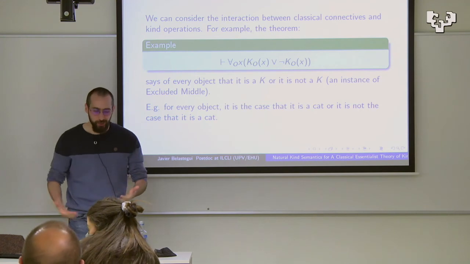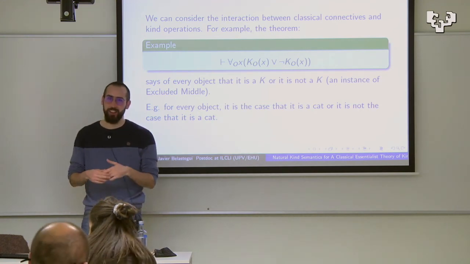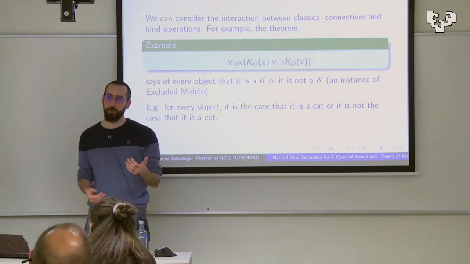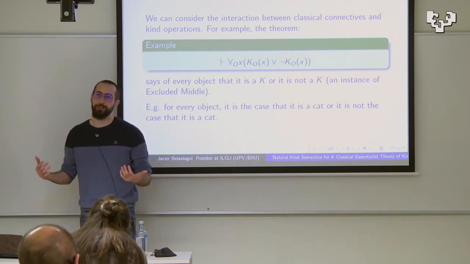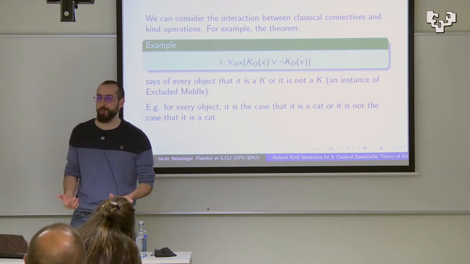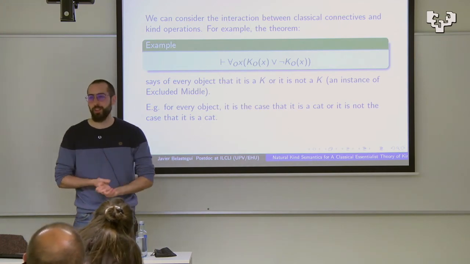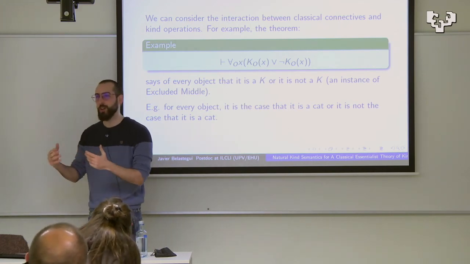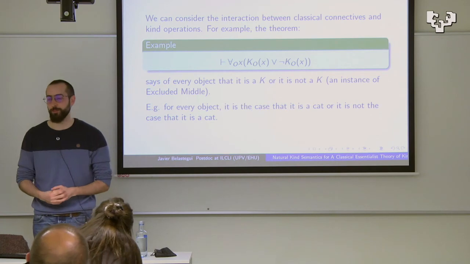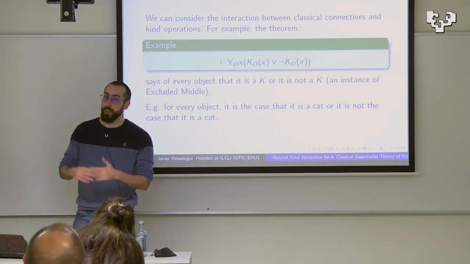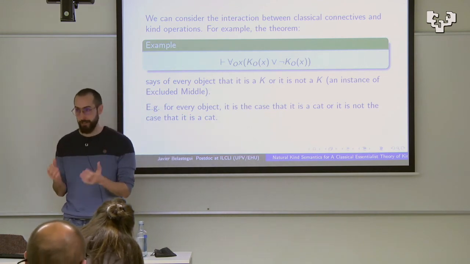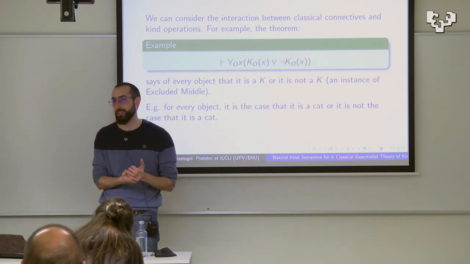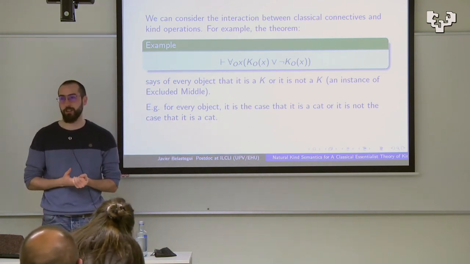So you take the cats and look at the things for which it is not the case that they are cats, and there's nothing essential in common to all of them. That would be one example. They do not form a kind because there's no essence common to all of them. But there is a kind that behaves like the negation of that kind, and that one satisfies the definition.